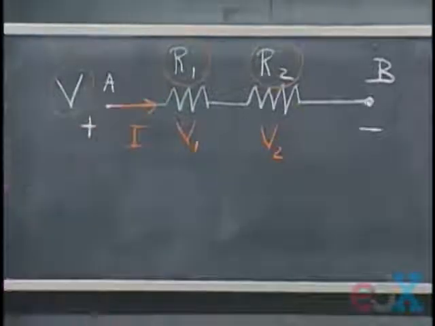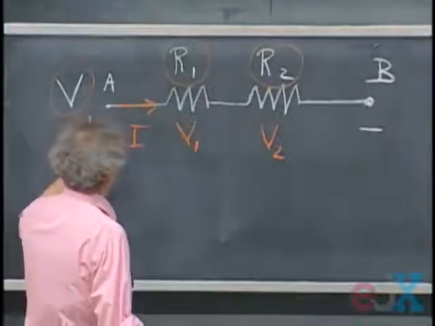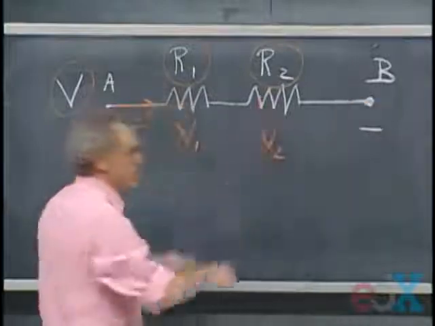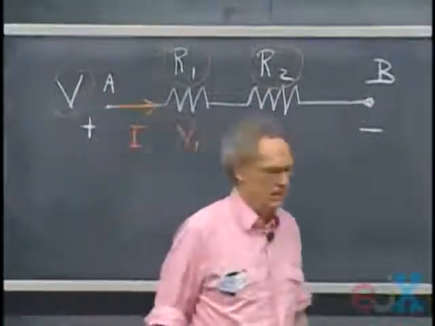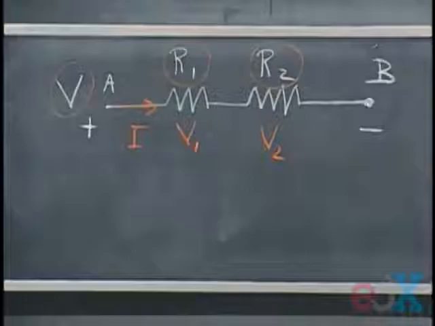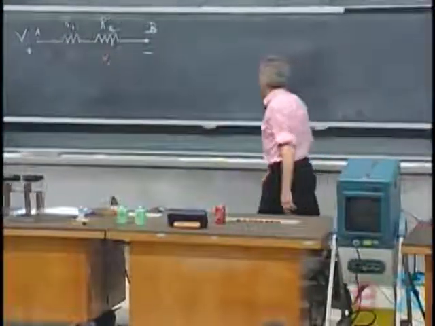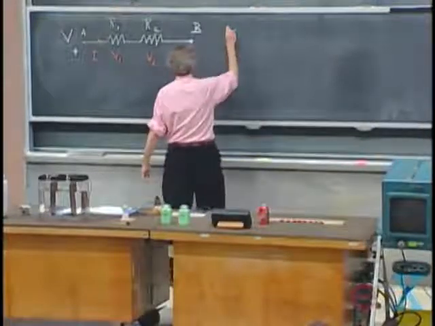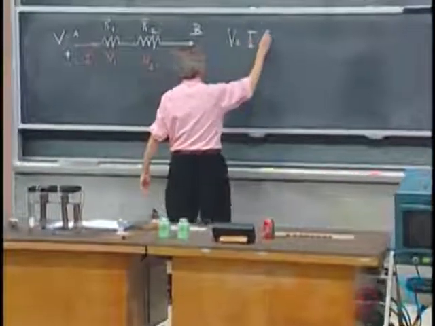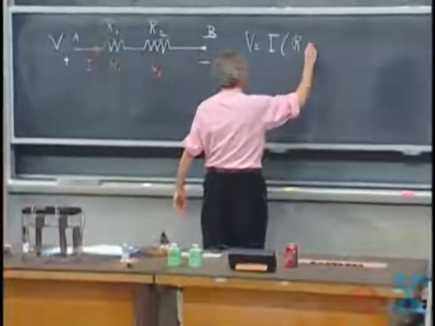Well, you apply now Ohm's law, and so between A and B there are two resistors in series. So the current has to go through both. And so the potential difference V in Ohm's law is now the total current I times R1 plus R2.